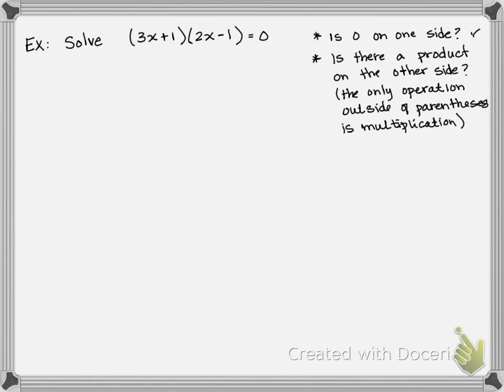So for everything we do in this unit, this is going to be a really important distinction, is when something is in factored form, so if it's written as a product, and when it's not. Because everything we're doing is based on the idea that we've factored a polynomial and written it as a product.